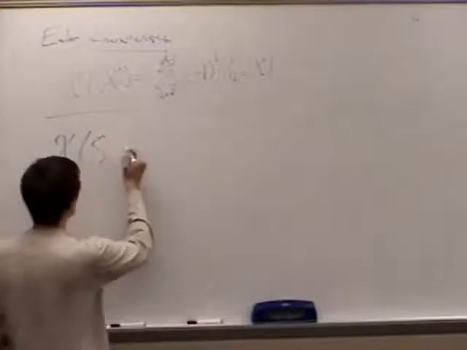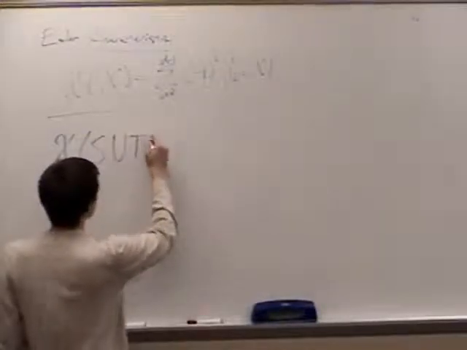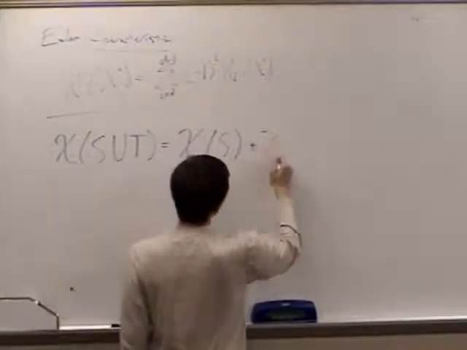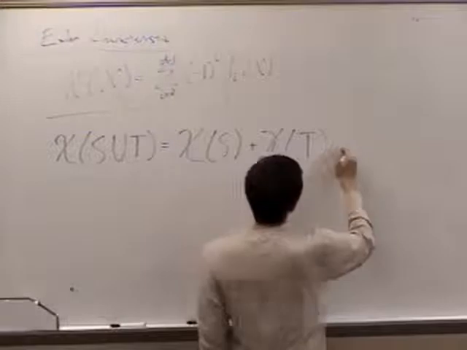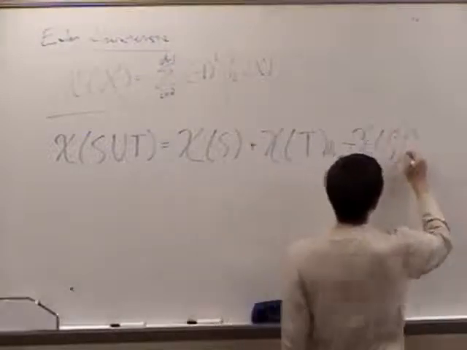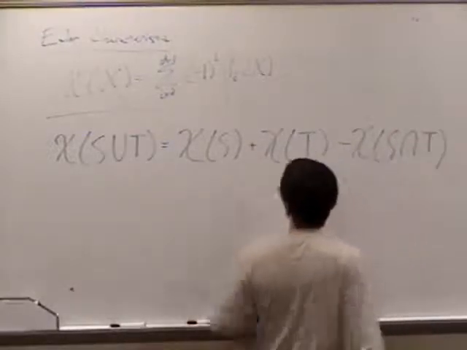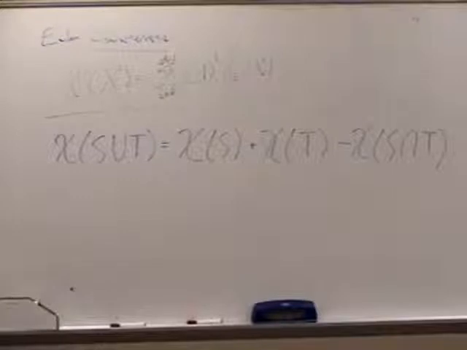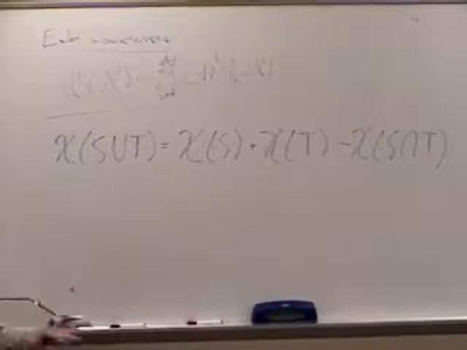If we take 2 manifolds and we union them together, then the Euler characteristic of the union is equal to the sum of their Euler characteristics, minus the Euler characteristic of their intersection. So this is called an inclusion-exclusion property. And in this sense, you can think of the Euler characteristic as behaving something like cardinality for a set. If you imagine that this was a finite set, then the Euler characteristic would in some sense act like cardinality.